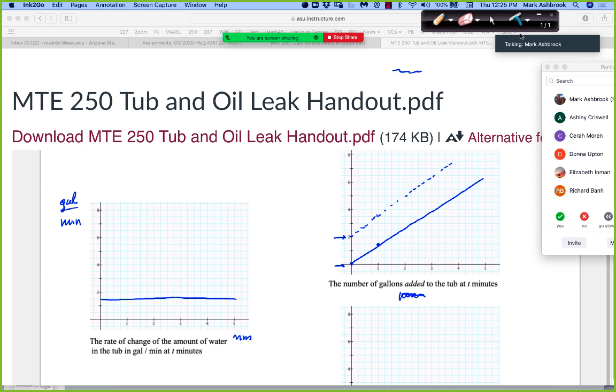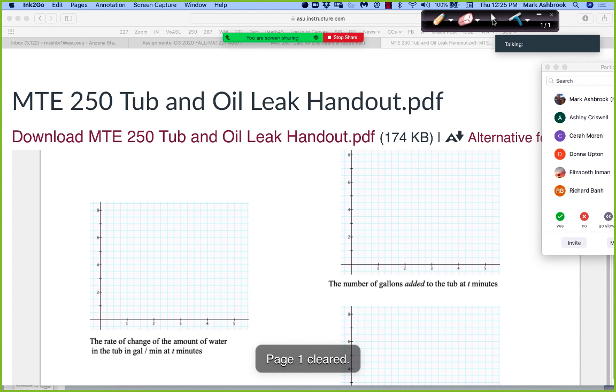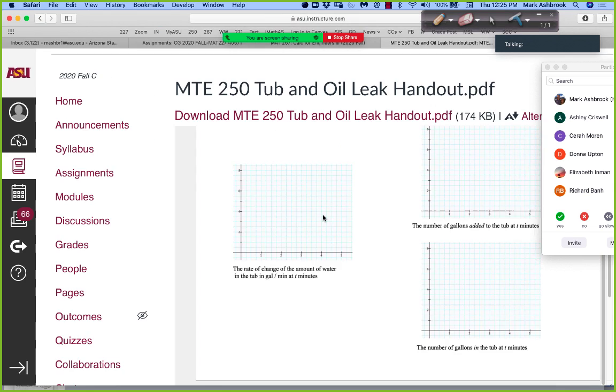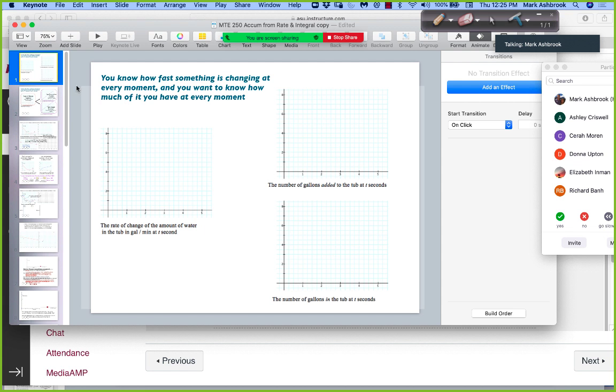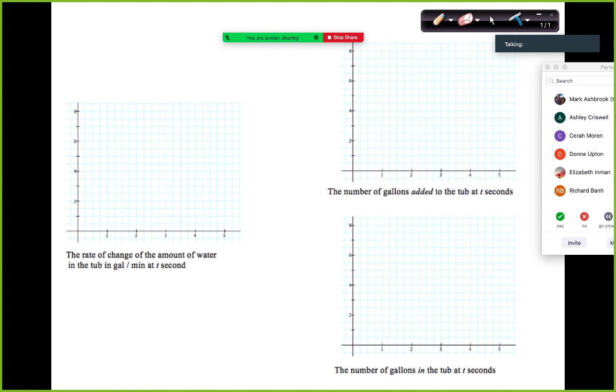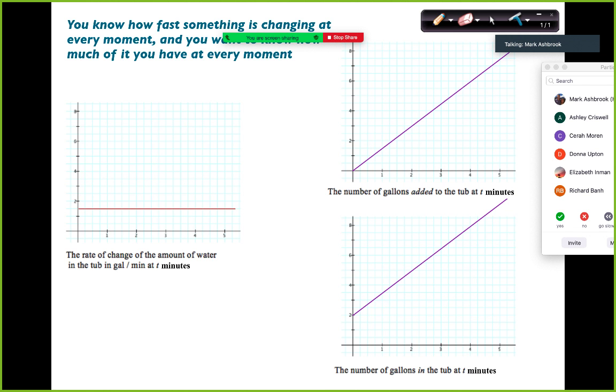You want to know how much you have at every moment. So let's look here and summarize that. And so these are the graphs that you guys got? Everyone got?